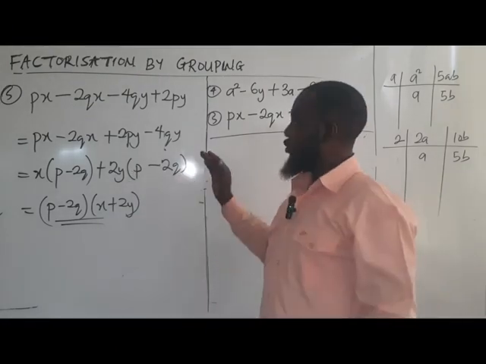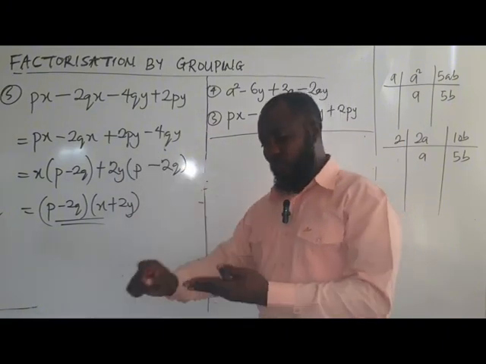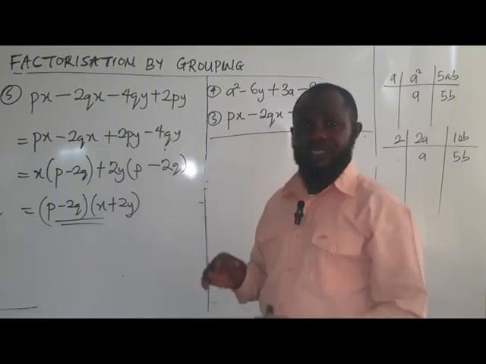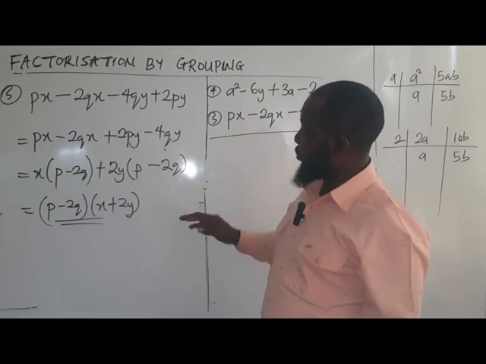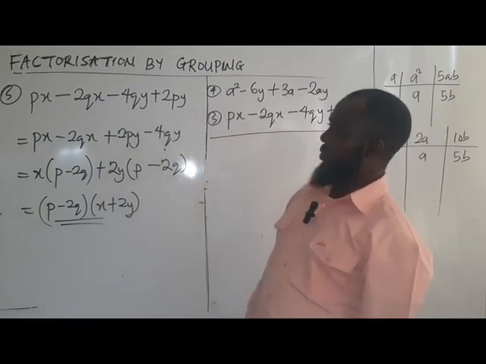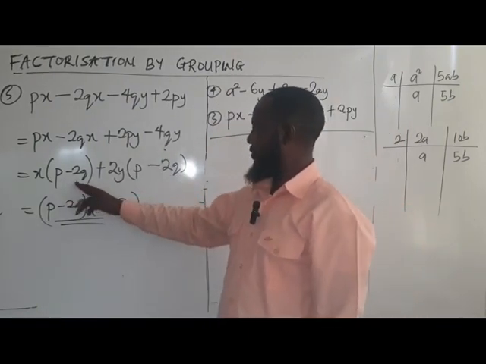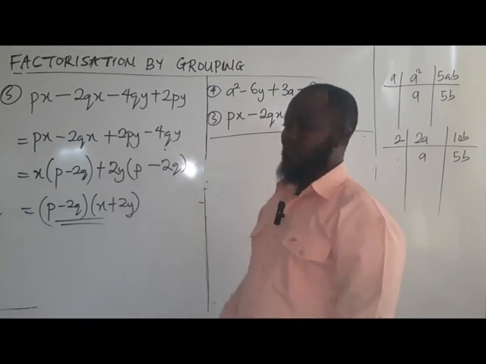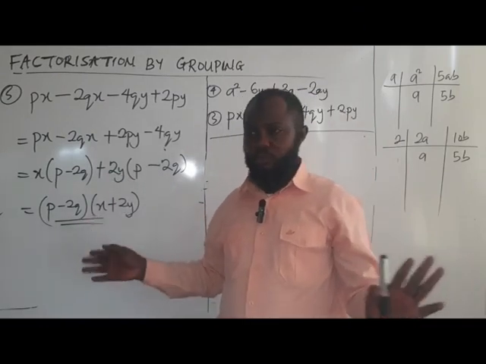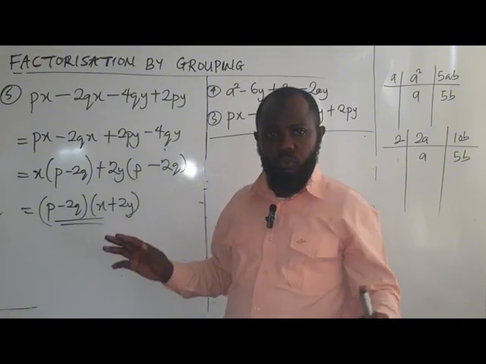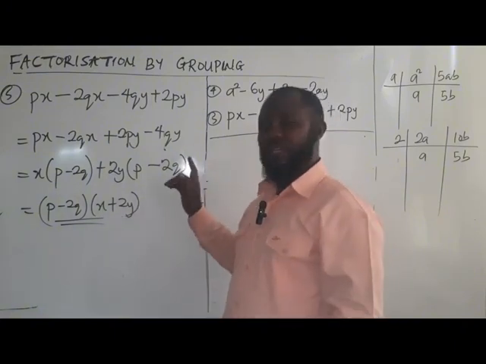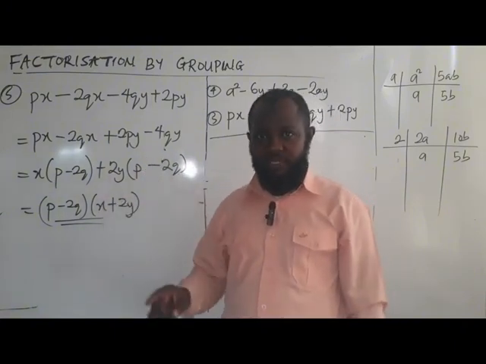There's no problem. Just go back and rearrange. You can do it on a rough sheet to see if you are going to get it right or not. But most students, when you get to a particular stage, and the terms in the bracket are not the same, you'll be disturbed. You say, I don't understand this. No, you understand it. We just need to rearrange and move forward. Hope that is very clear.